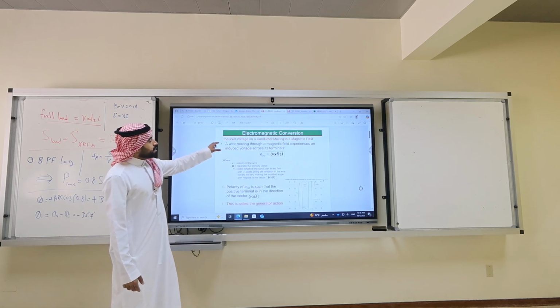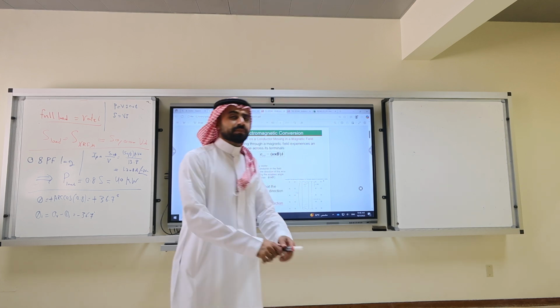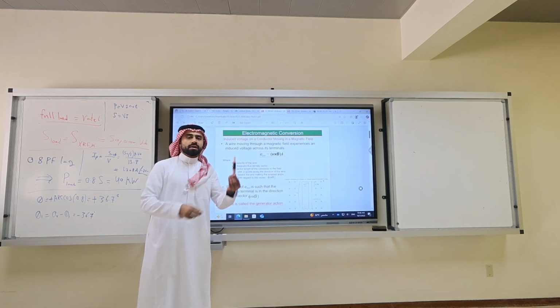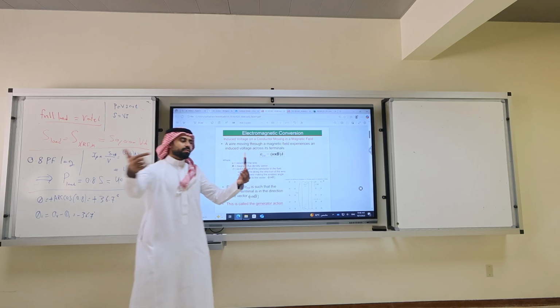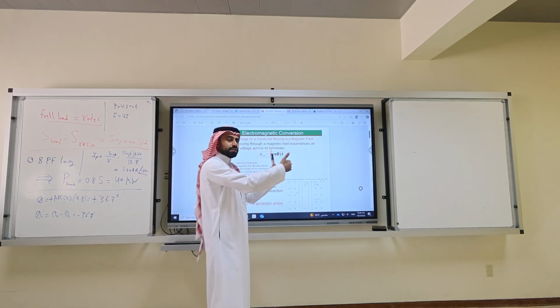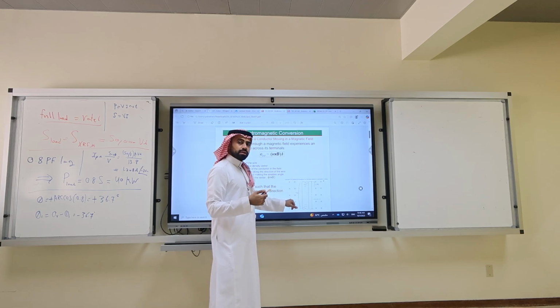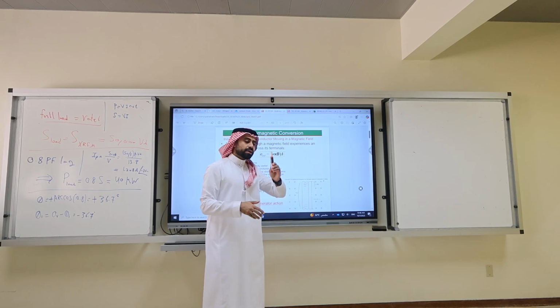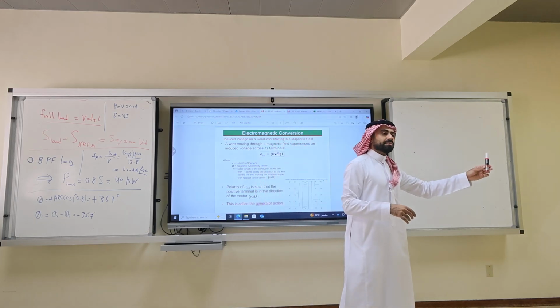Anyway, do you remember the coil moving in a magnetic field? Let's pretend this is a coil, made of copper. This coil experiences a magnetic field into the page, the X. And I'm sliding it at a speed v. What will happen?